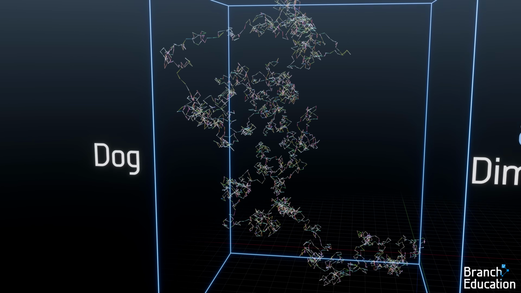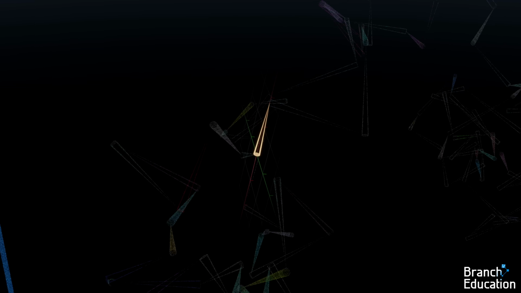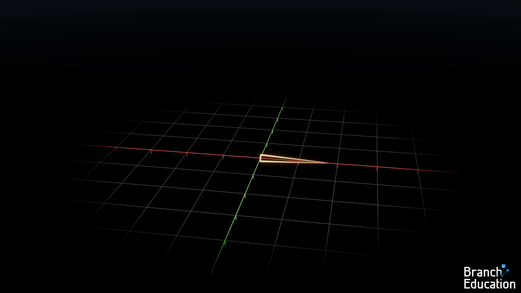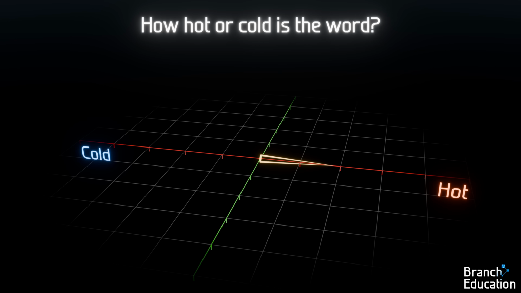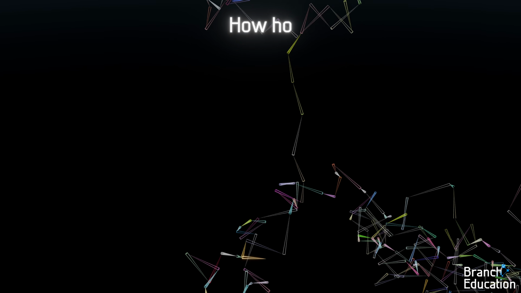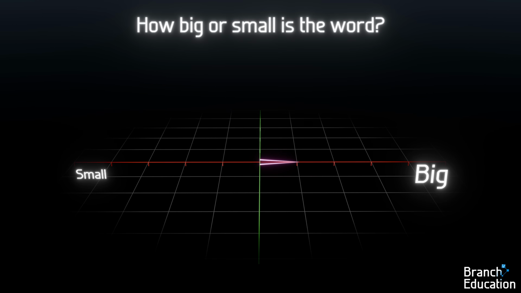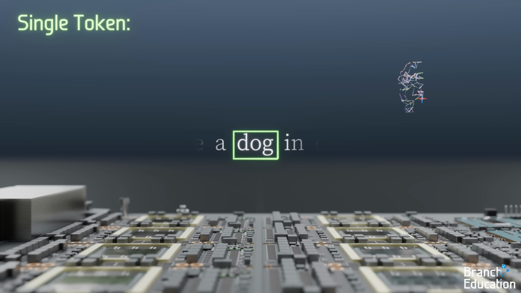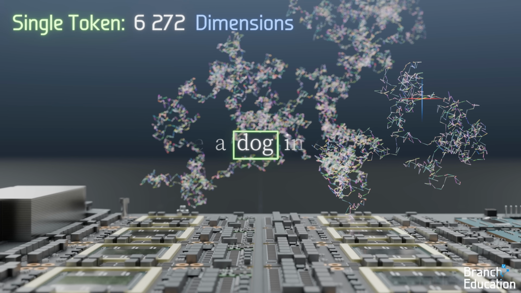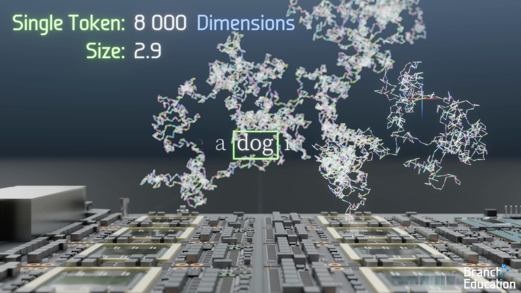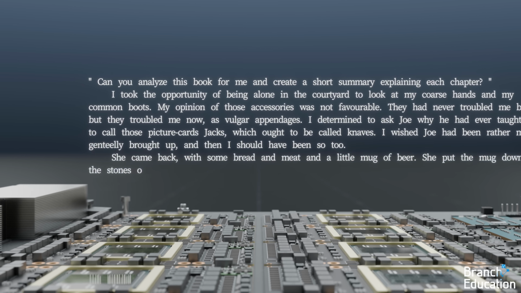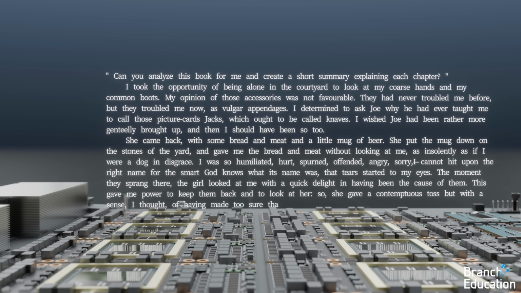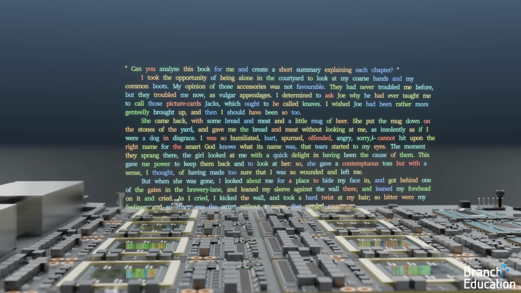For example, some dimensions are used to represent attributes of the word, such as temperature and how hot or cold the word is, or size and how big or small the word or token is. As a result, each token has 8,000 dimensions or values, each 1 byte in size, resulting in 8 kilobytes of data. However, the AI needs to work with paragraphs of text, which yields much more data.